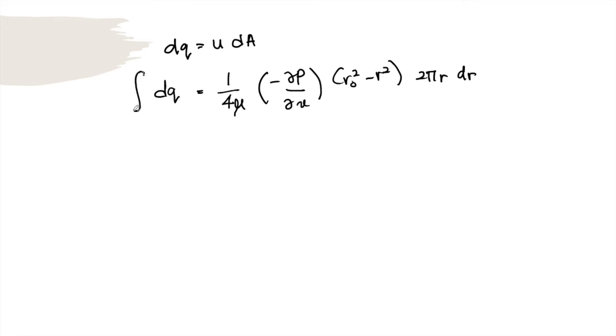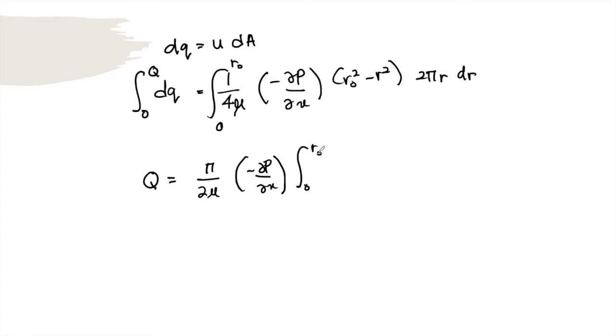For Q, we integrate from 0 to Q, and for this side, we integrate from 0 to R naught, 2 pi r dr. After we integrate, we will get that Q equals pi over 2 mu, negative del p over del x, and then 0 to R naught.